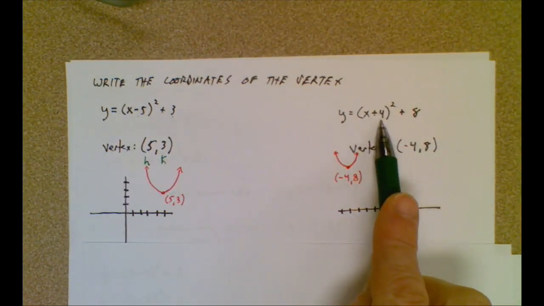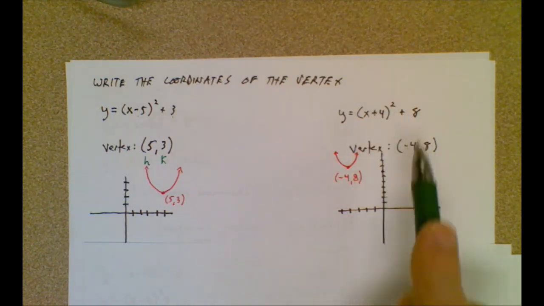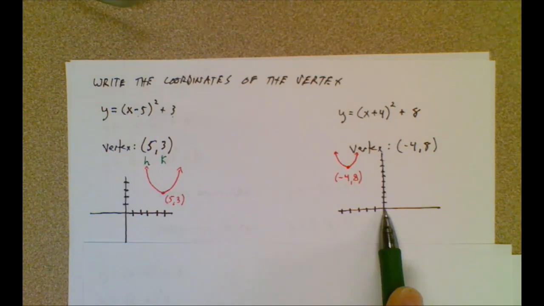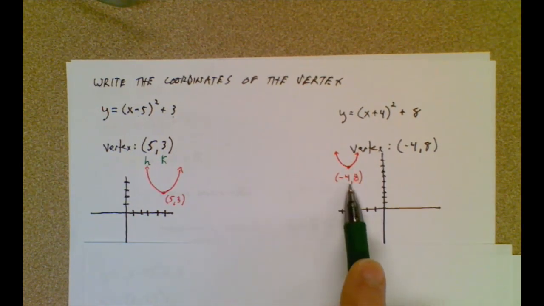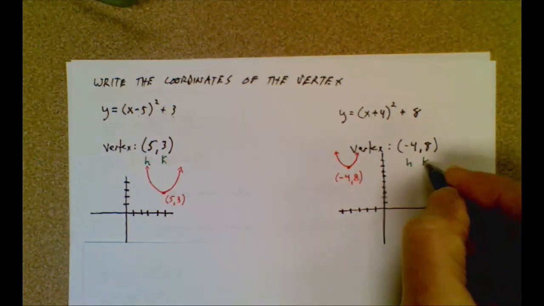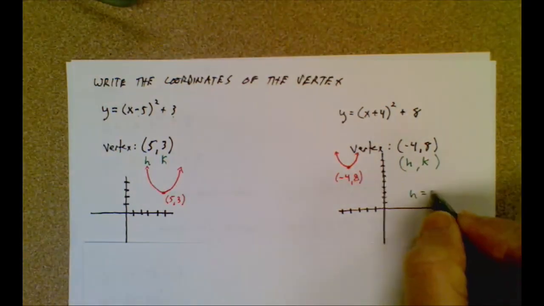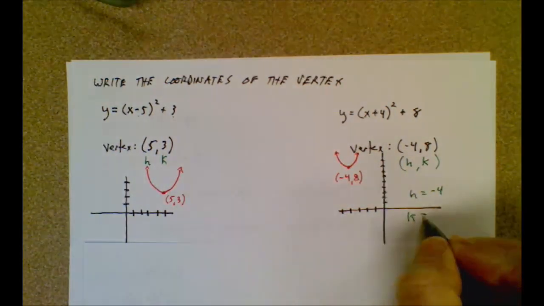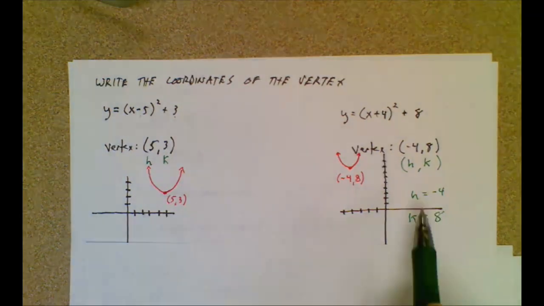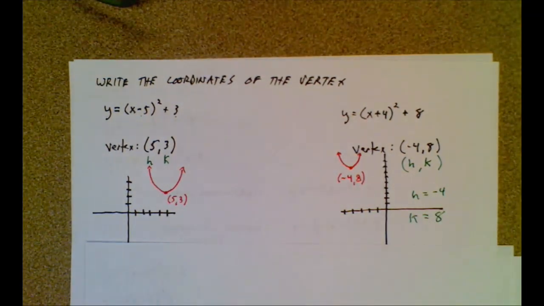This tells me translate left 4, up 8. So my parent graph vertex goes left 4, up 8. This is now my new coordinates of the vertex, and that is also my h and my k. So I know in this situation h is -4, k is 8. It's just assigning letters to this situation where you wish there were numbers.